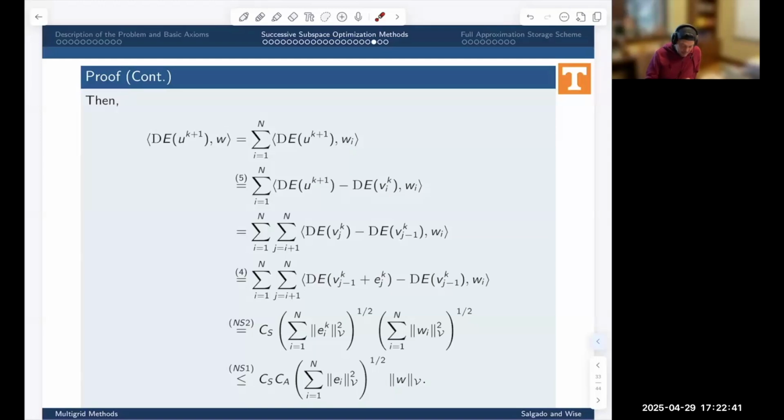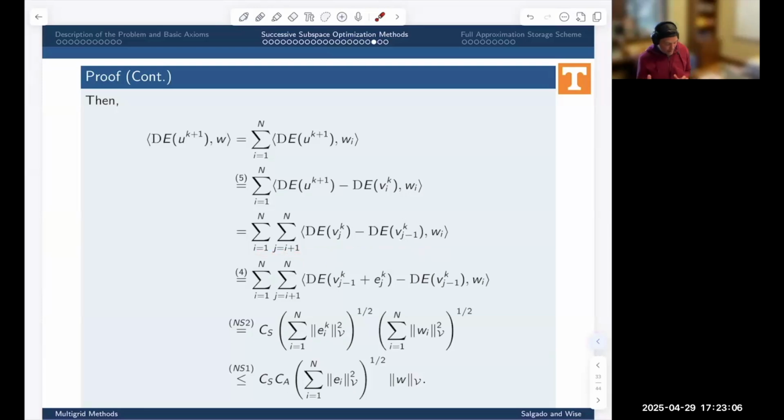Next, I'm going to decompose this term. I'm going to rewrite it using the fact that it telescopes, in terms of the v's. This is already in terms of v's, and I'm going to rewrite this in terms of v's as well. That allows me to write that double sum.